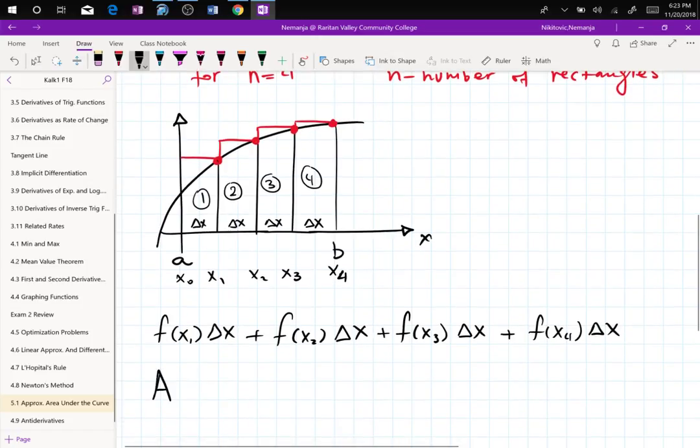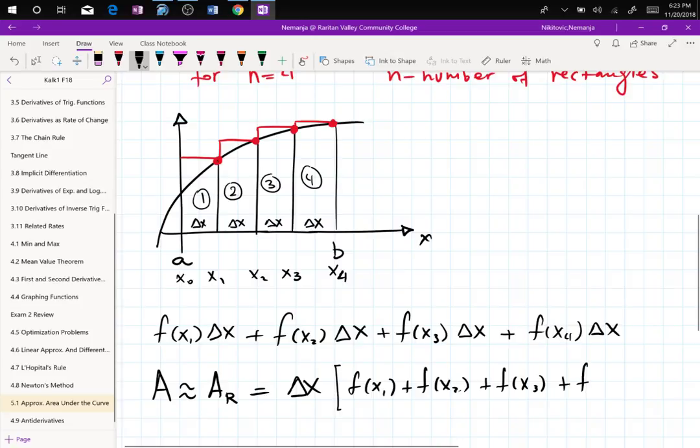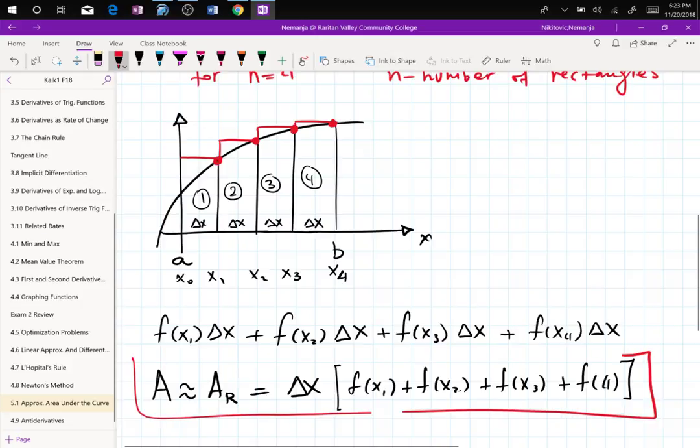So now the true area is approximated by the area with right-hand rectangles, and factoring out delta x, we have f of x1 plus f of x2 plus f of x3 plus f of x4. This might look intimidating, but this is literally middle school level.